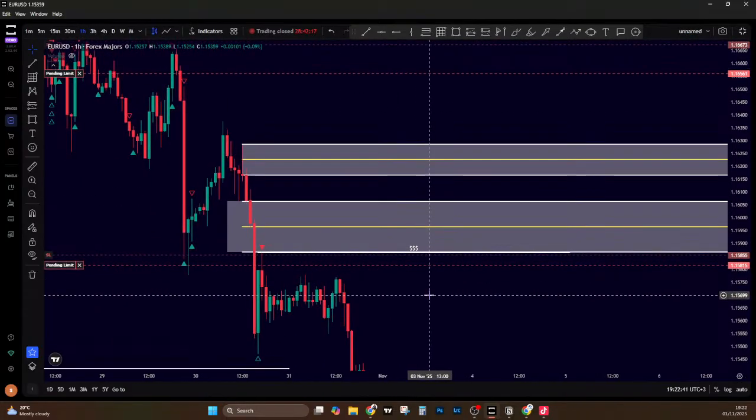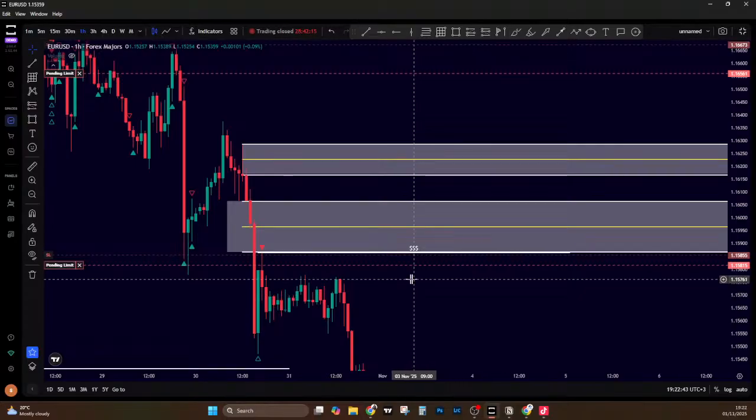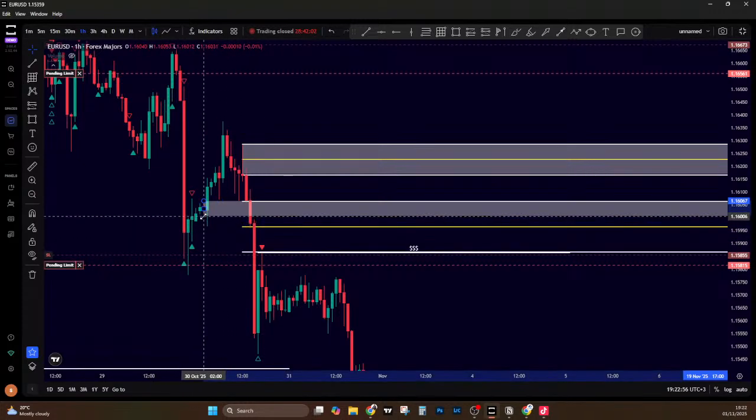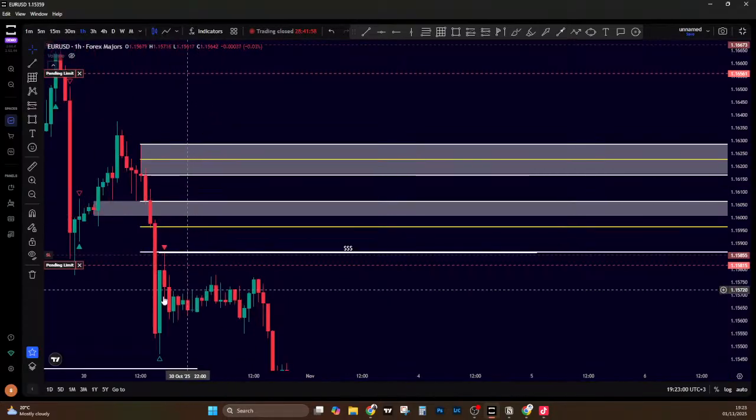This is 1 hour, and in the 1 hour, if I look at the base, I'm not seeing anything serious. But if I look at the 50%, I'm seeing a breaker block there.